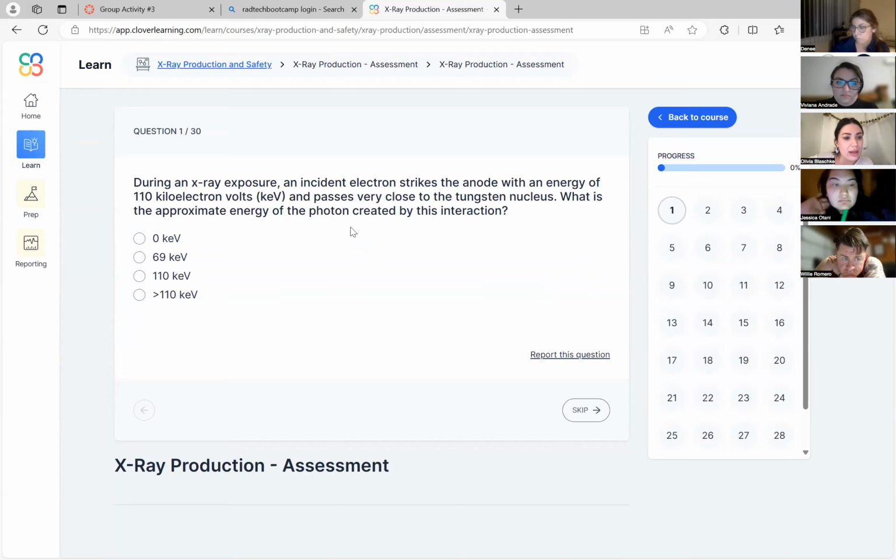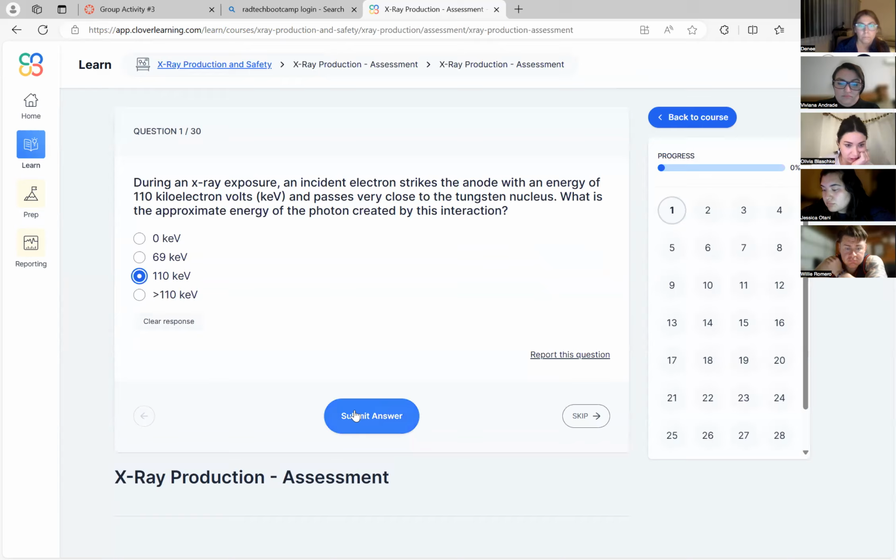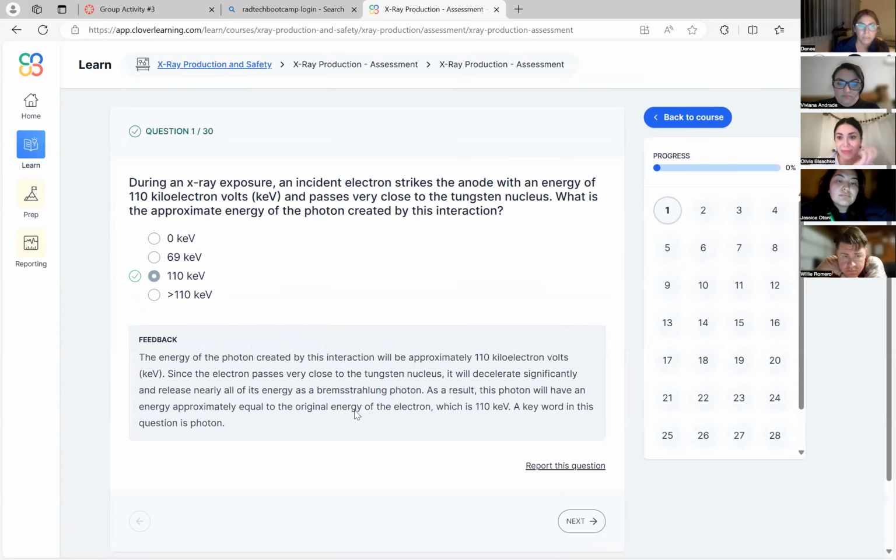What is the approximate energy of the photon created by the interaction? So for this one, I did already take it, so I put 110 keV. I'm not sure if that is correct, but I agree.